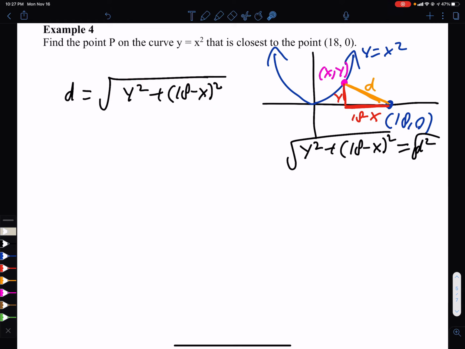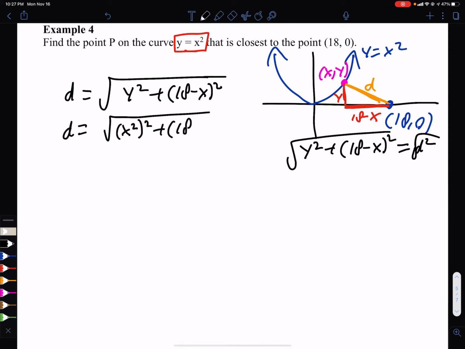So we need another equation, and they told us there's a relationship between y and x. So I'll replace y with x squared. So for here, I'm going to replace it with x squared. And this gets kind of ugly. When you square that, what are we going to get? 18 squared.